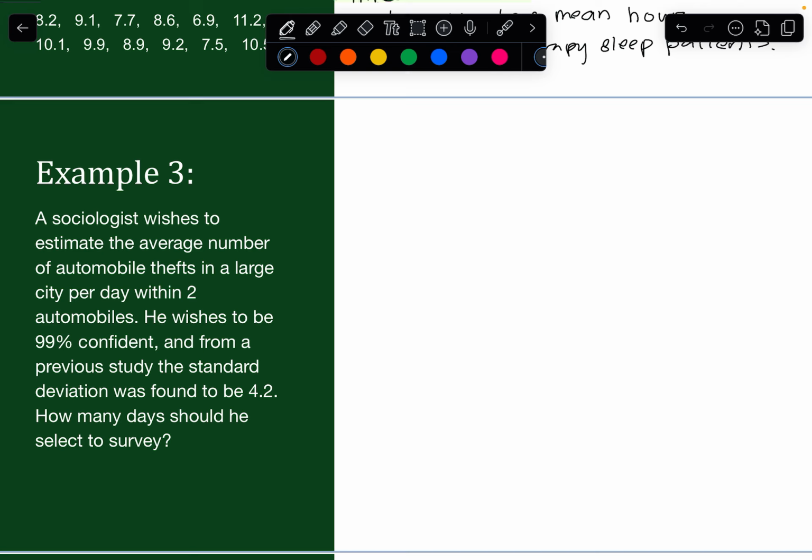So we're going to start this the same way. I'm going to list what I was given and what I'm asked for. So I'm interested in estimating average number of automobile thefts in a large city per day. So x equals number of auto thefts in a day.